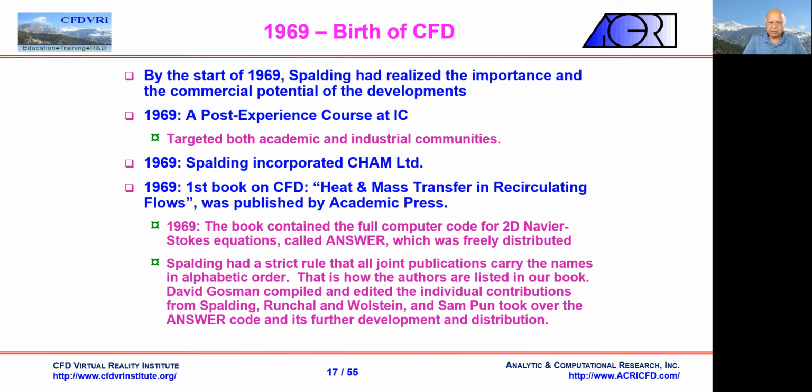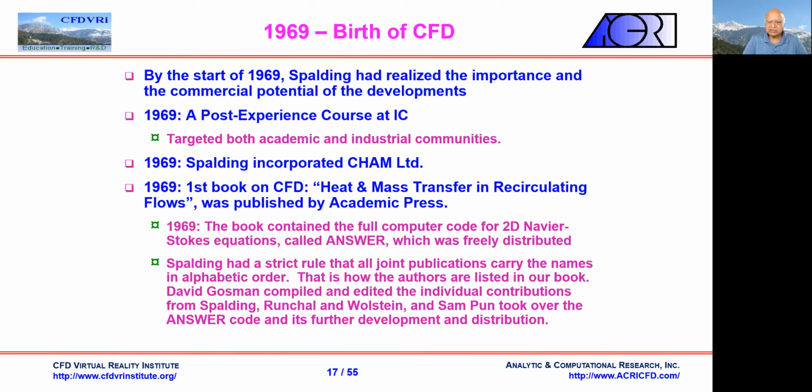The book, unlike the focus on intellectual property of today, contained the full computer code for 2D Navier-Stokes equations called ANSWER, which was freely distributed to anybody who asked for it. It was also in the book, of course. Spalding had a strict rule that all joint publications carry the names in alphabetical order.